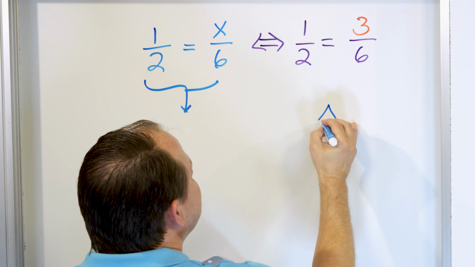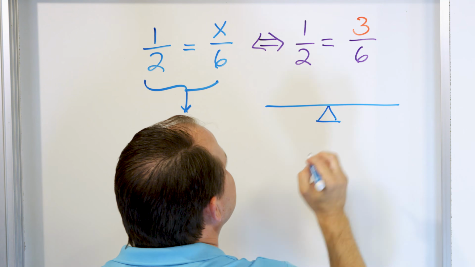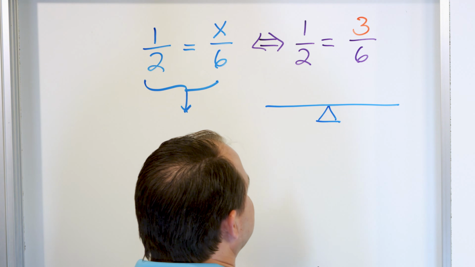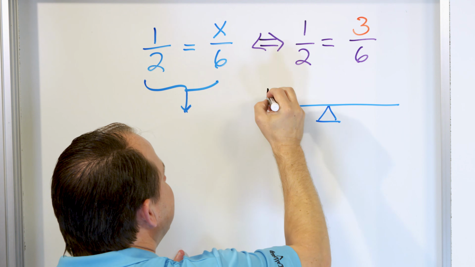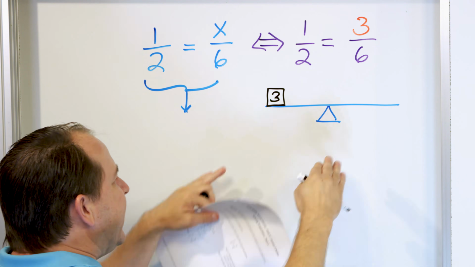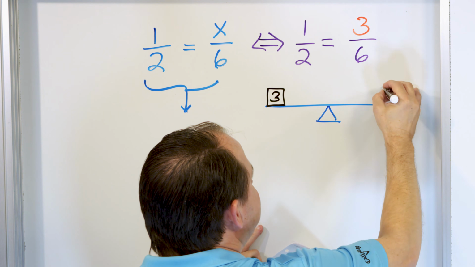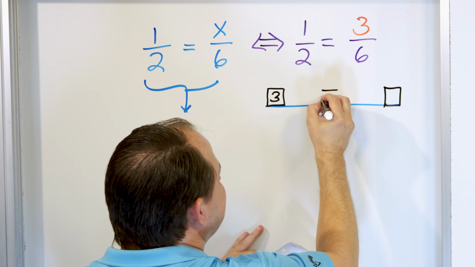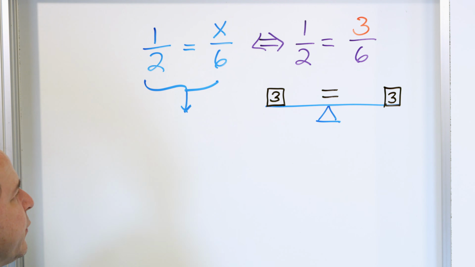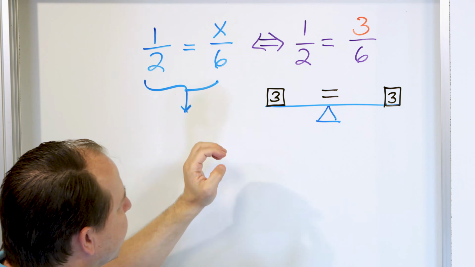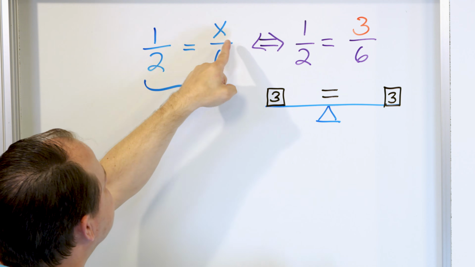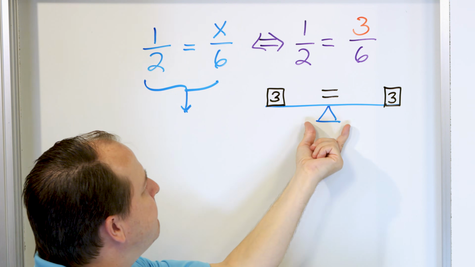Because what this equal sign really means is kind of like at the playground when you have the seesaw or the teeter-totter, right? If I have it perfectly balanced here and I multiply this side by 3, let's say this is a 3, I put a weight there, it's going to unbalance. The only way to keep it balanced, because this triangle basically means it was equal, is by adding 3 kilograms, or 3 pounds, whatever it is, to the other side. So if I multiply this side by 3, I must also multiply this side by 3 to keep it equal.